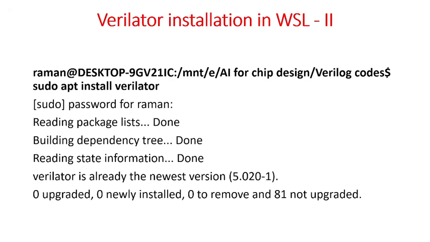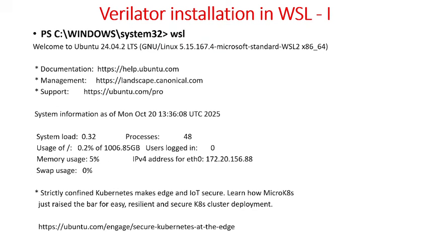Open up WSL and then try to install sudo apt install Verilator. It will ask for the password and it will open up the operating system. Okay, it will open up Linux operating system because it's Windows Subsystem for Linux, right? So it will open up Ubuntu operating system in this case.